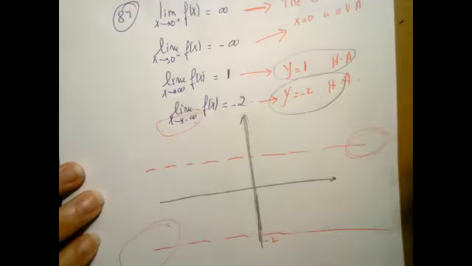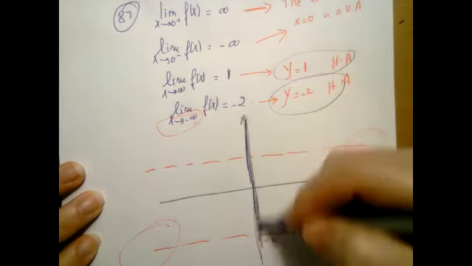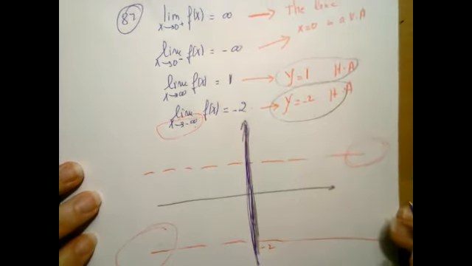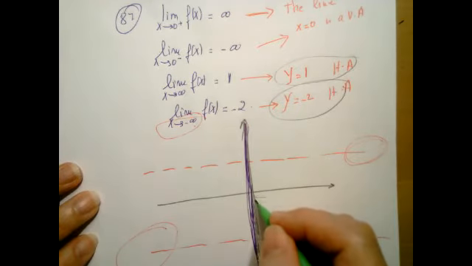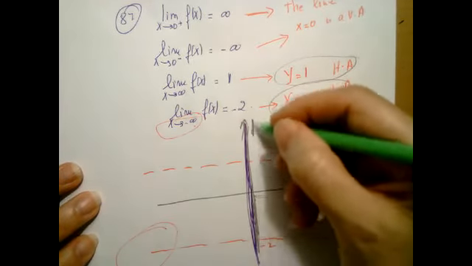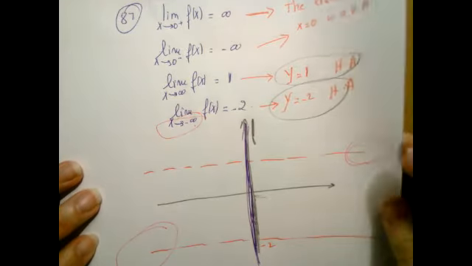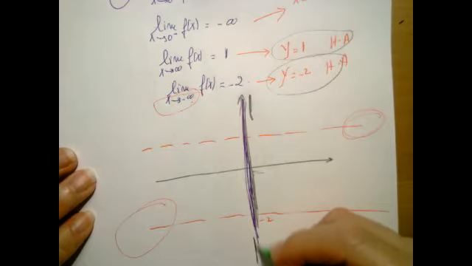And then we have this line, that's an asymptote. When we approach from the positive, the function goes to plus infinity. And when we approach from the negative, we go to minus infinity.